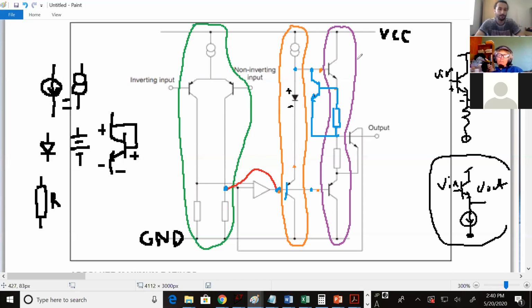Exactly. But which base? Let's call this Q1. Oh, the current through the base of the one near the output. Yeah, it's limiting this one, but why?